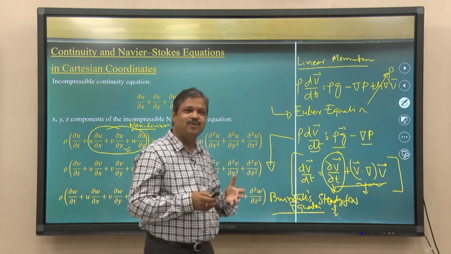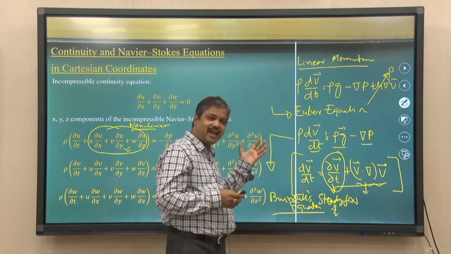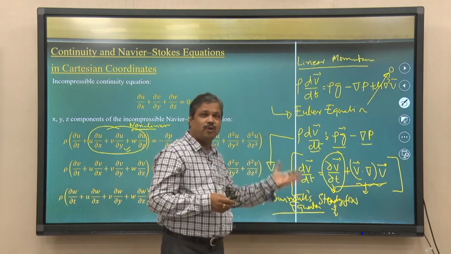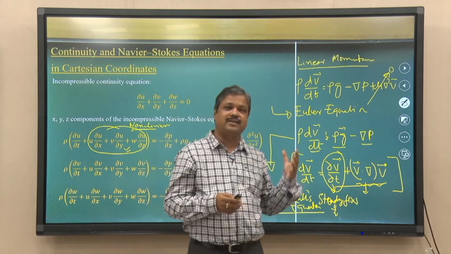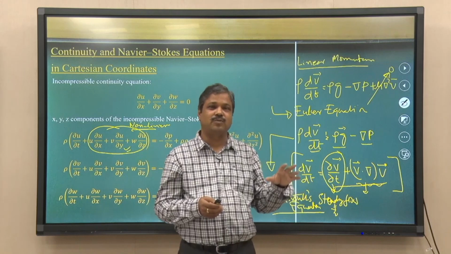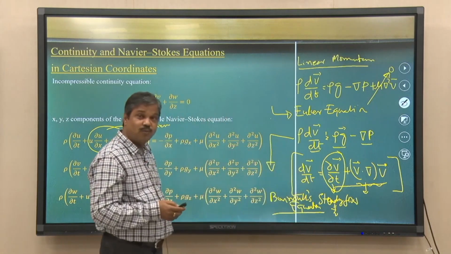I encourage you to go through the Bernoulli's equation at the next level, as we derived in the earlier class along the streamlines. Today we will talk about the simplification of the Navier-Stokes equations with a series of approximations, from which we can get the Bernoulli's equation. That is what we will discuss more.